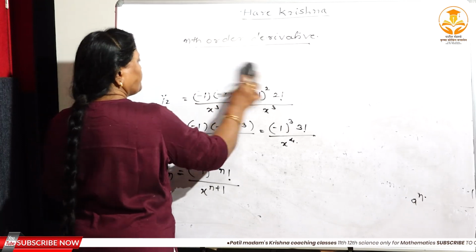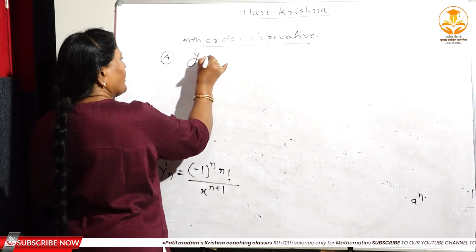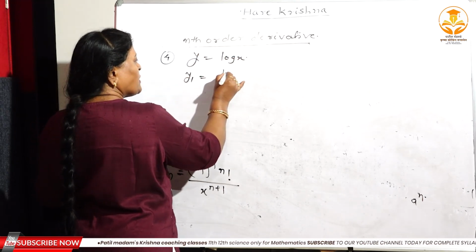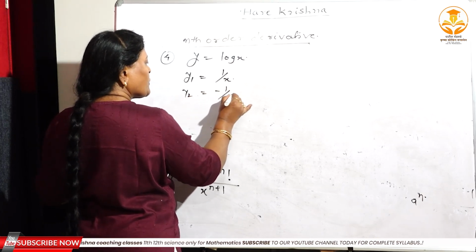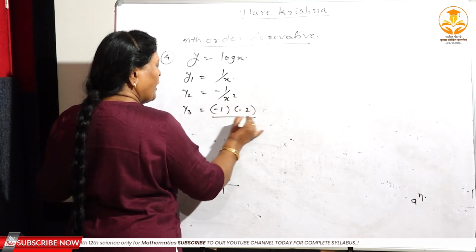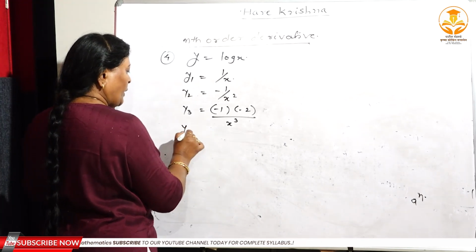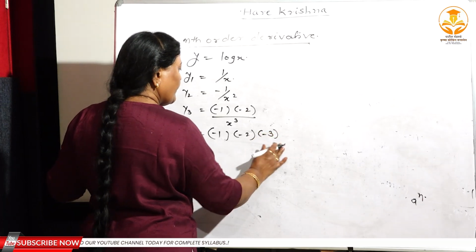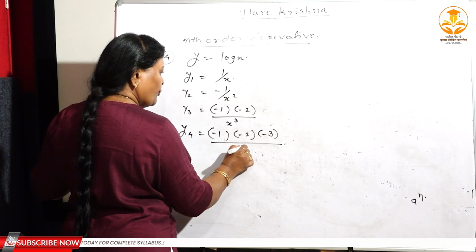Now, the fourth one. See, y is equal to log x. Again, y1 is 1 by x, y2 is minus 1 upon x square, y3 is minus 1 minus 2 divided by x cube, again y4 is minus 1 minus 2 minus 3 divided by x to the power 4, isn't it?